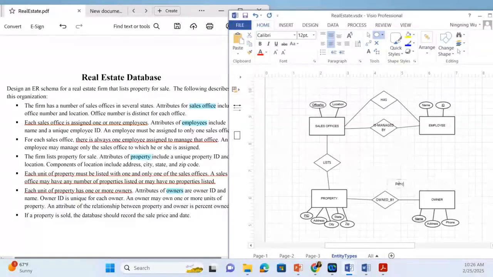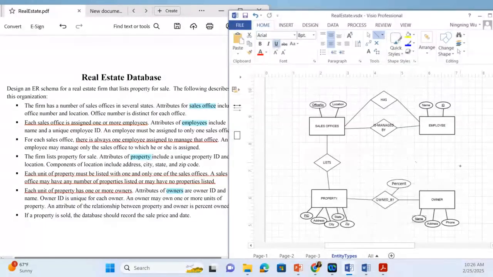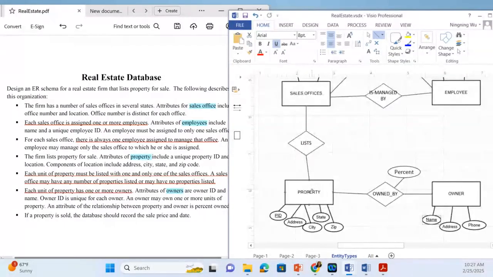For attributes, we always use a capitalized noun word. Okay, so what does this percent basically mean? It records a percent for each relationship instance of this owned by, where we relate one owner with one property.